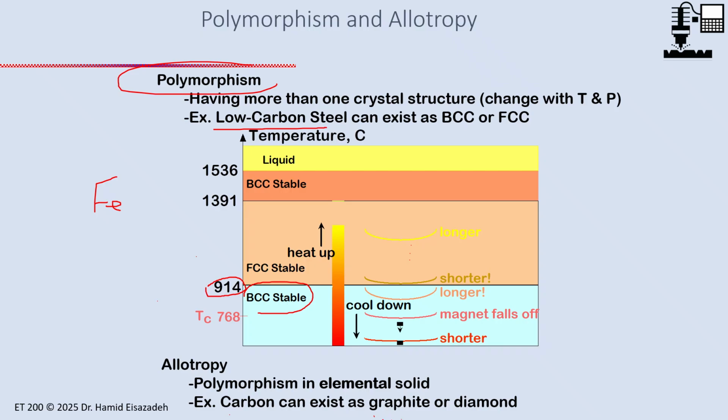But above this temperature, iron transforms to FCC structure. Then around 1400 degrees Celsius, it will transform to BCC structure again. This is a characteristic that we use in heat treatment to change the mechanical properties of low carbon steel or other types of steel, and it can be beneficial.